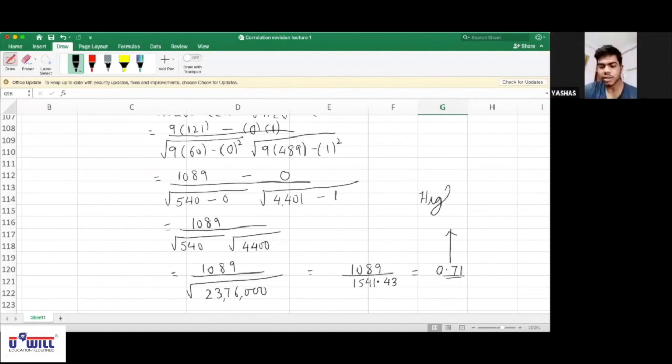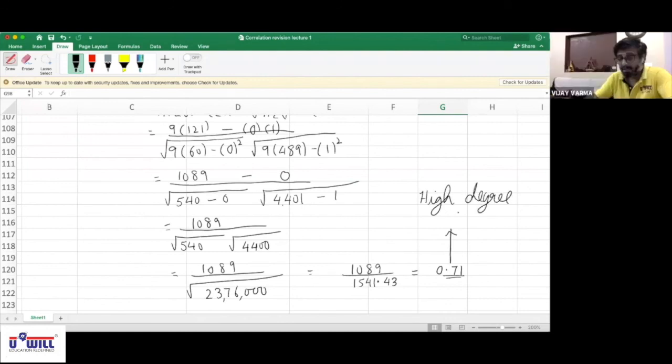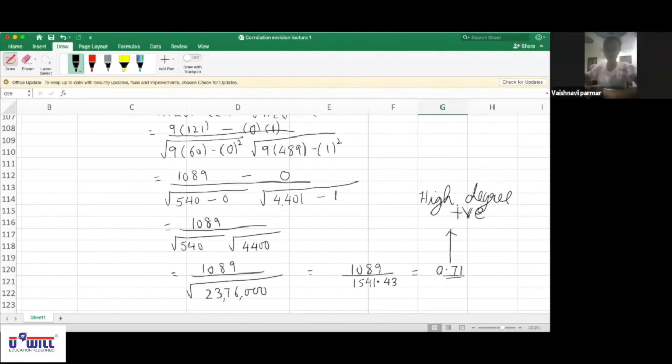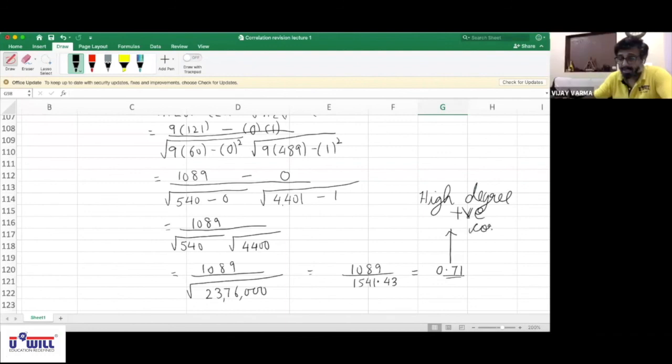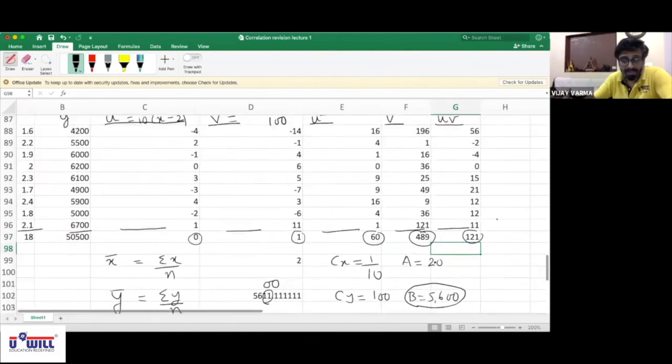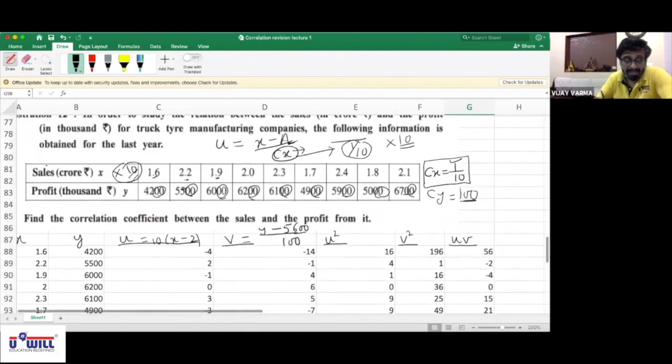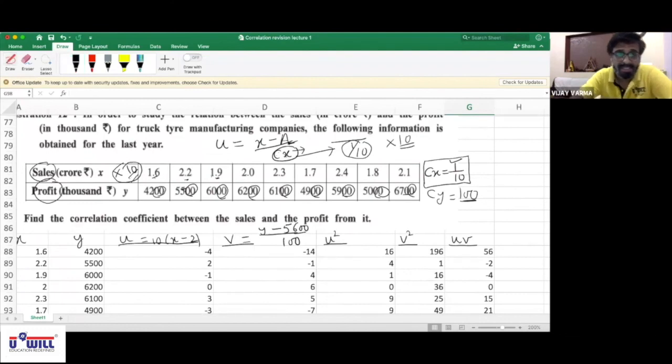Here we will say it is high degree positive correlation. All of you will write this in the conclusion. Thus, there is high degree positive correlation between sales and profit. This concluding statement will come.